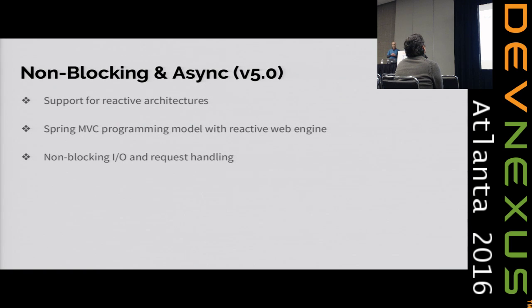And so what we've done is we've embarked on a journey of building an asynchronous non-blocking alternative to all the functionality which is currently there for Spring MVC. Effectively provide the same Spring MVC programming model on an async non-blocking foundation, a kind of new reactive web engine.